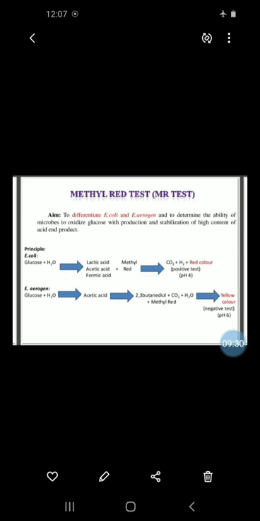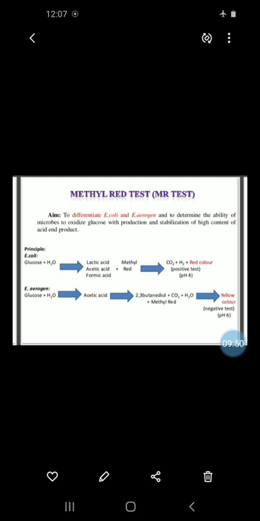For E. coli, first the glucose plus water gives lactic acid, acetic acid, and formic acid. Then plus methyl red, it gives carbon dioxide, H2, plus red color, that is a positive test, having pH 4.